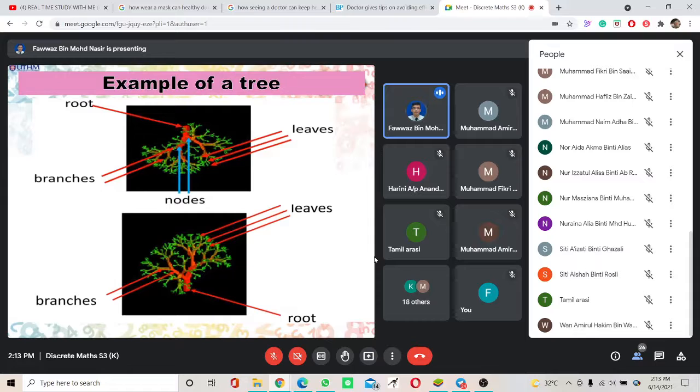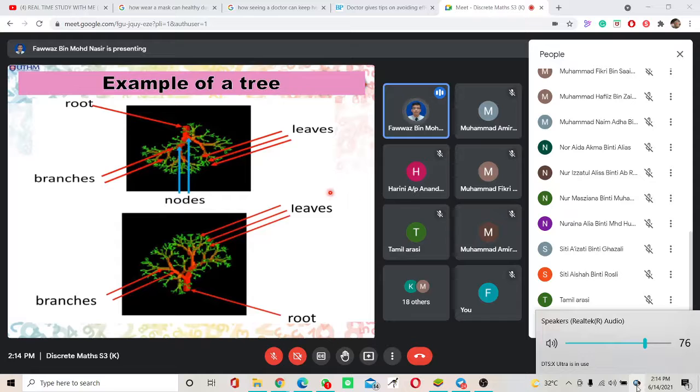Okay, kemudian branch lah adalah dia punya kayu dia kan, okay, link-link yang menghubungkan root kepada leaves. Okay, kemudian leaves ni adalah nodes yang di hujung sekali, di hujung branch. Okay, dan nodes ni dia termasuklah leaves ni dan node-node yang akan ada dekat branch tersebut.